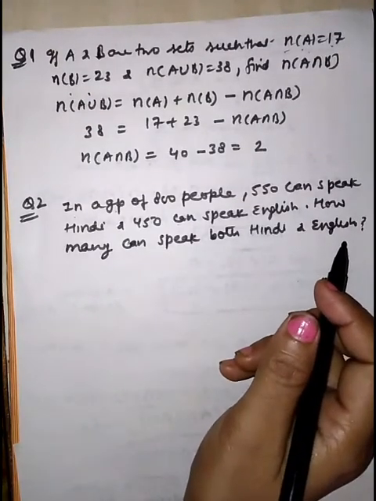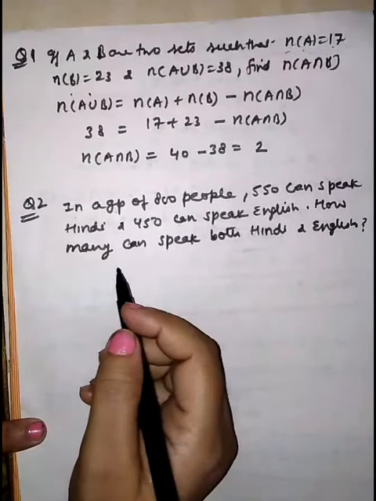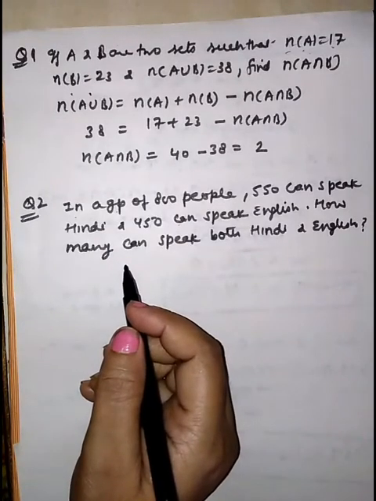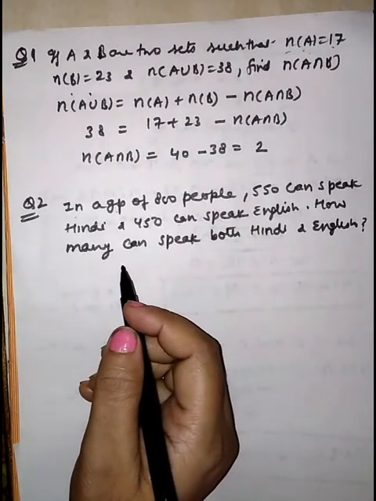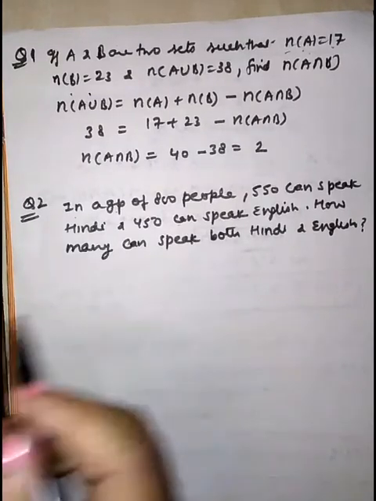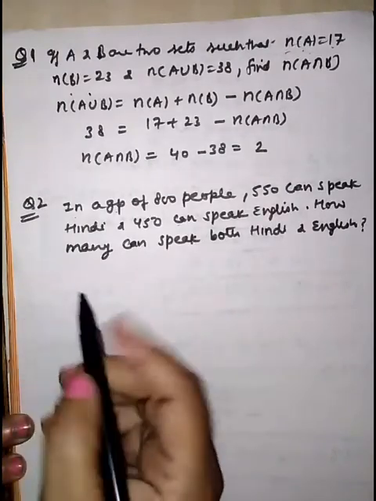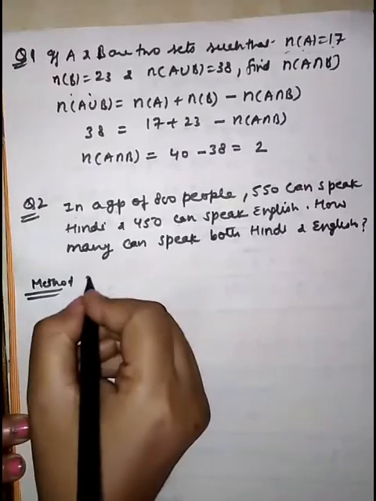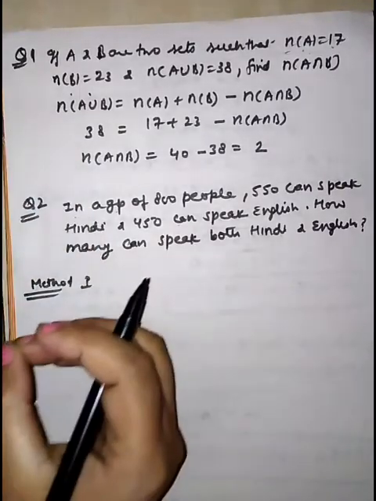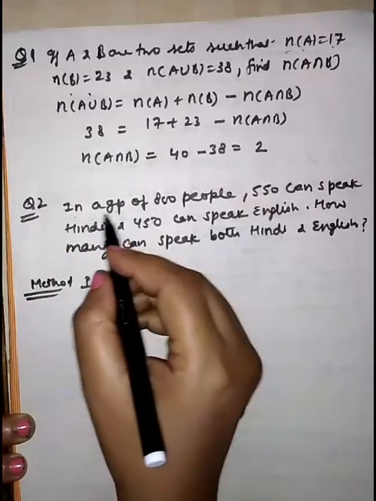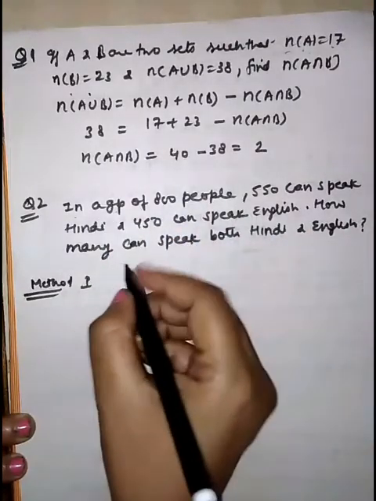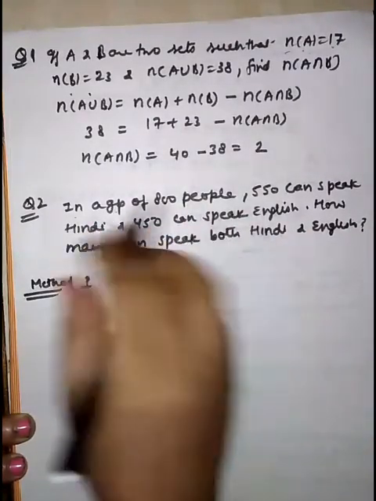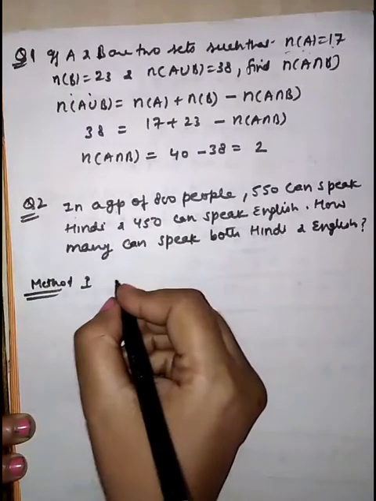So as your choice, you can solve this question using the result, or by using a Venn diagram. I'm using both methods. So taking the first method, using the result. What is given here? Firstly, write down the information.